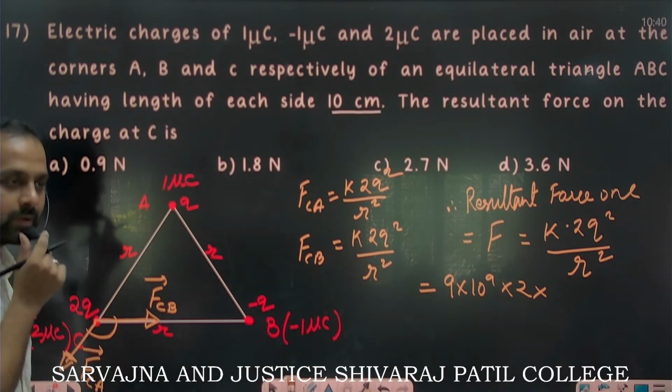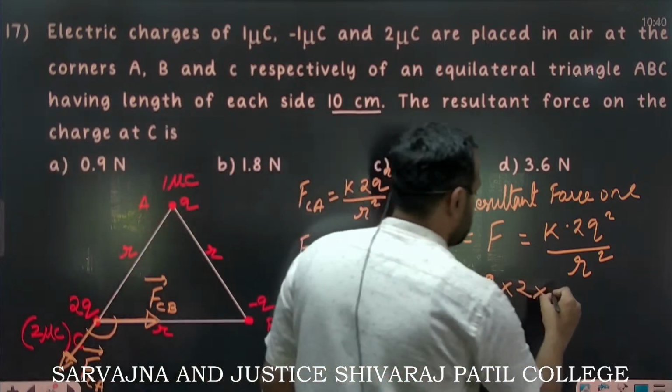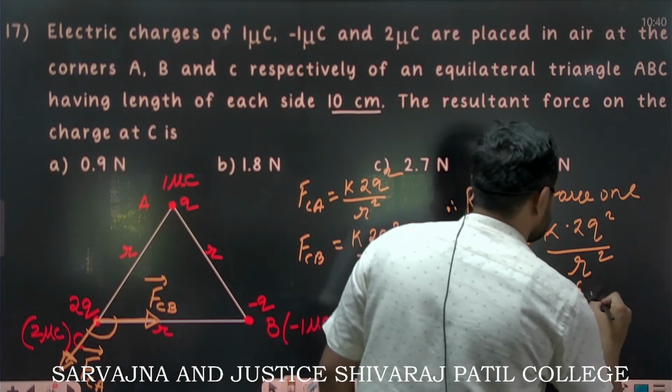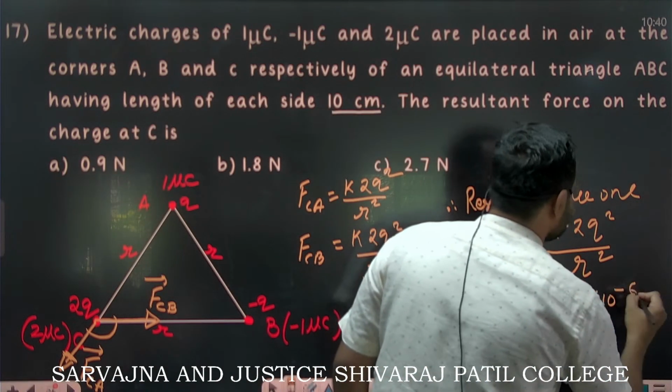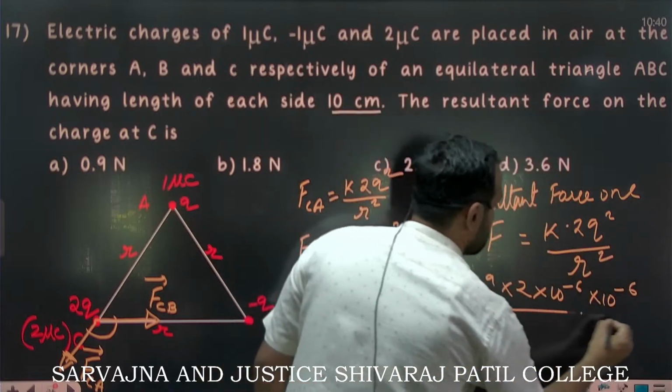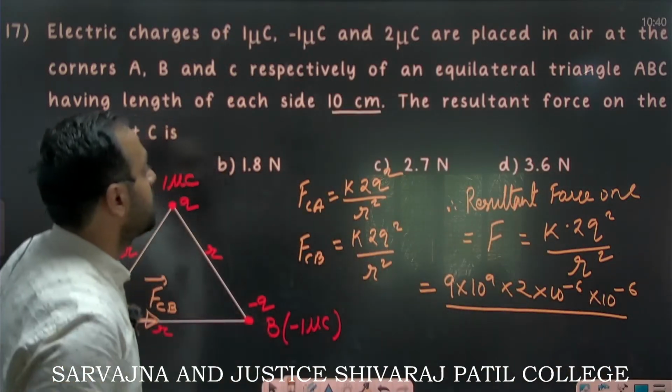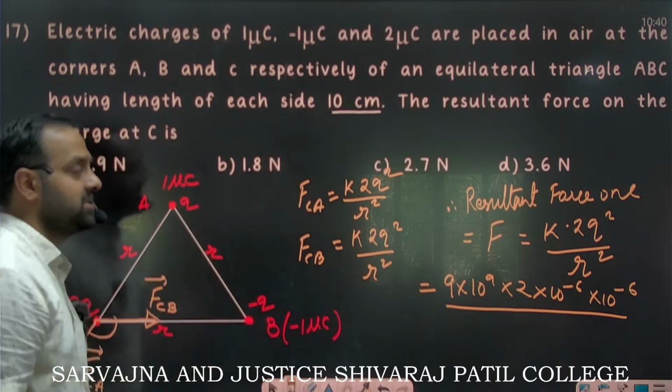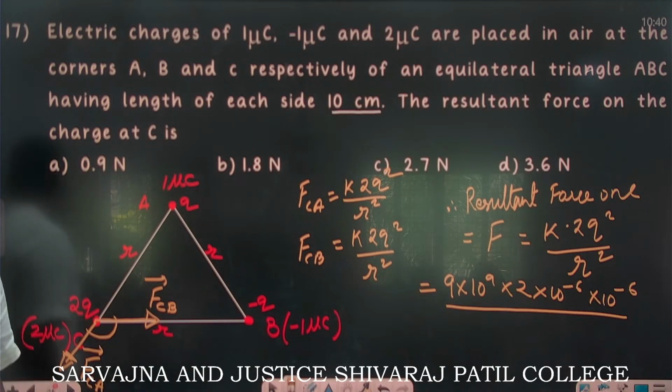Q is 1 microcoulomb. 1 microcoulomb means this will be 10 power minus 6 into 10 power minus 6, because Q square is there, divided by R square. R is how much? 10 centimeter. 10 centimeter in meters will be 10 power minus 1.